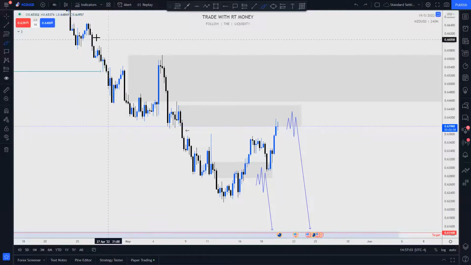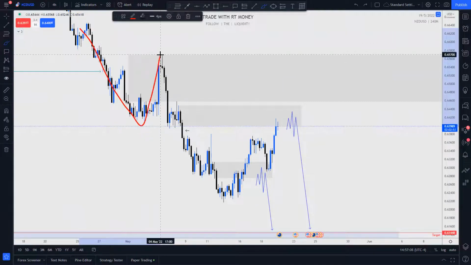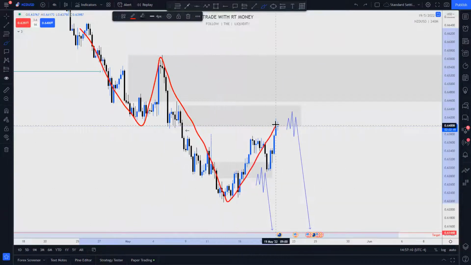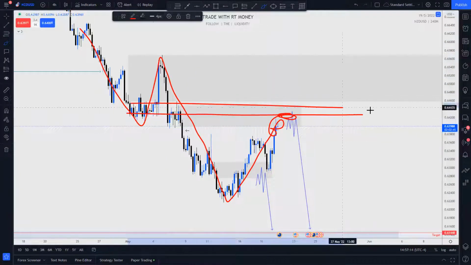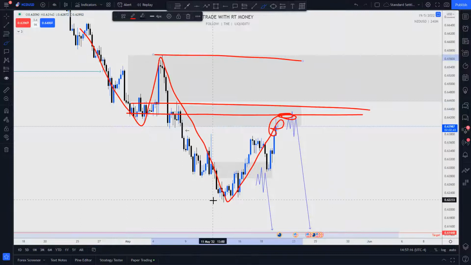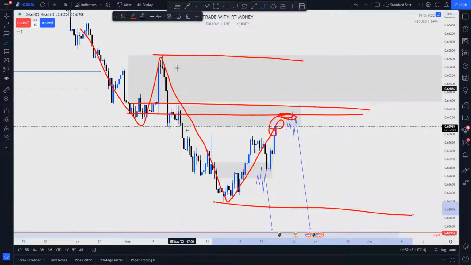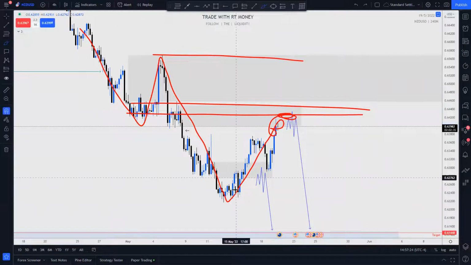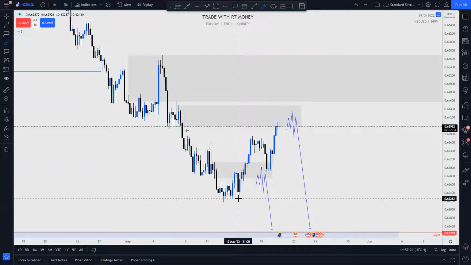In this particular sequence, with these lower lows, lower highs, I'm looking for that lower high in this area. If this is the top of my trading range and this is the bottom, I'm looking for price around the 50% area, higher than that 50% area.